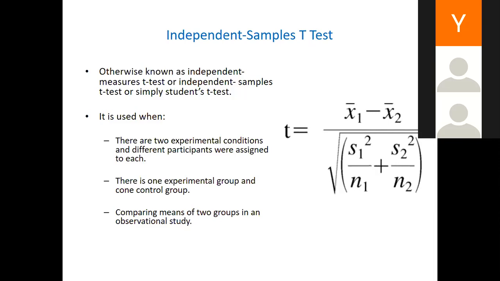Now, it can be an experimental study also, like the one Dr. Emina did now. If let's say it's 2 groups, it will just be an independent sample test. So, in an experimental design, there is one experimental group and one control group, or comparing means of 2 groups in an observational study.